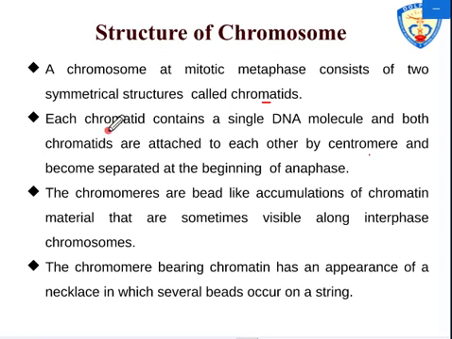Now each chromatid is one DNA molecule. The chromomeres are bead-like accumulations of the chromatin material that are sometimes visible in the interphase chromosomes. These chromomere-bearing chromatin gives the appearance of a necklace in which several beads occur on a string.